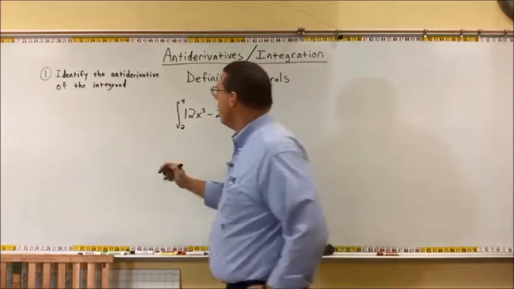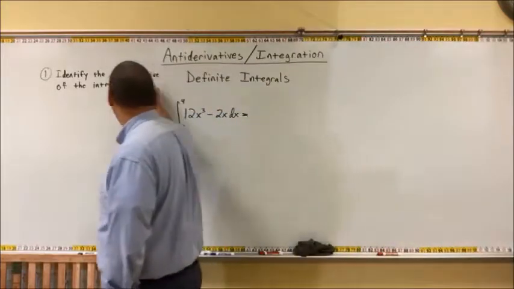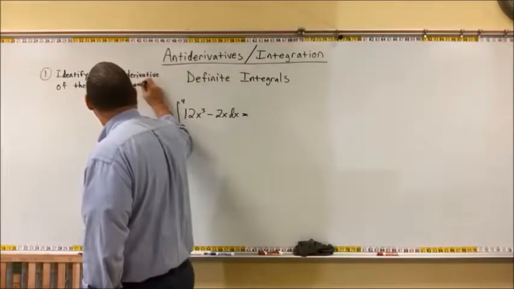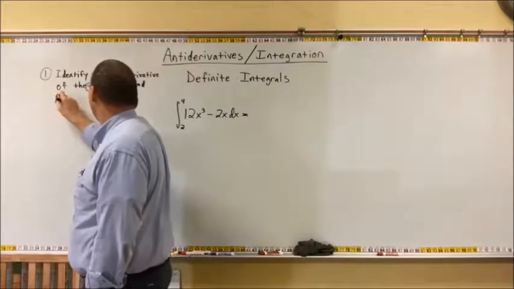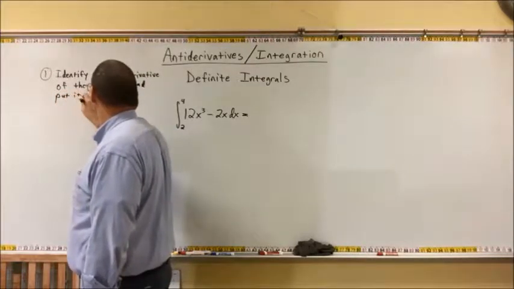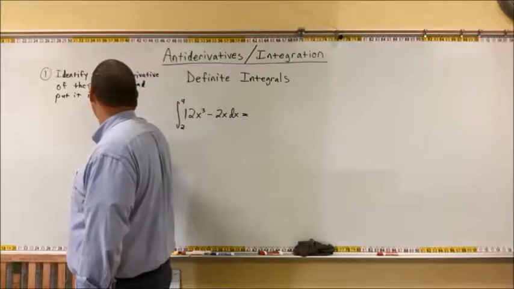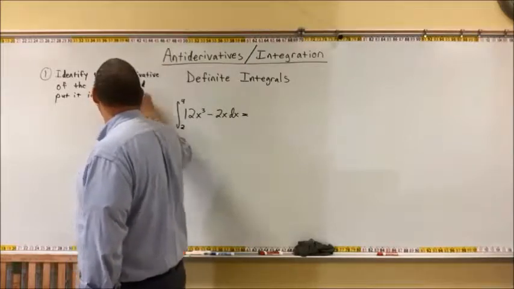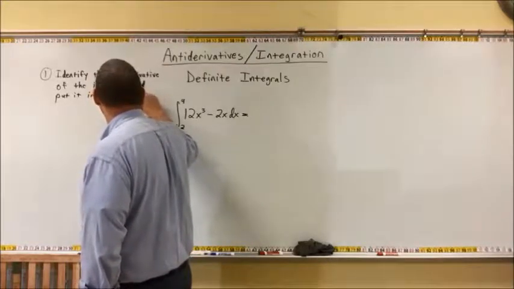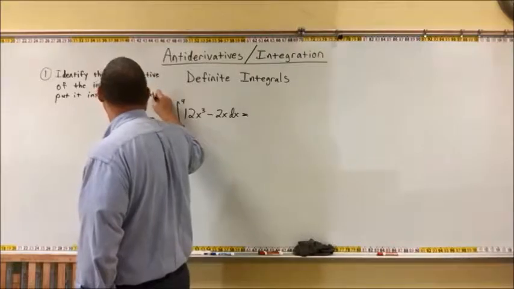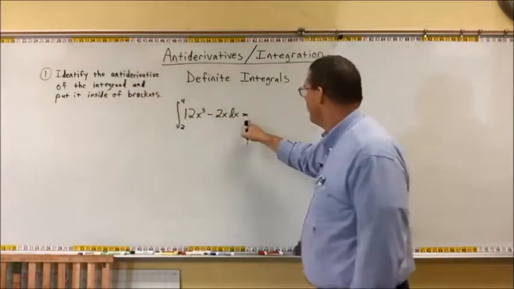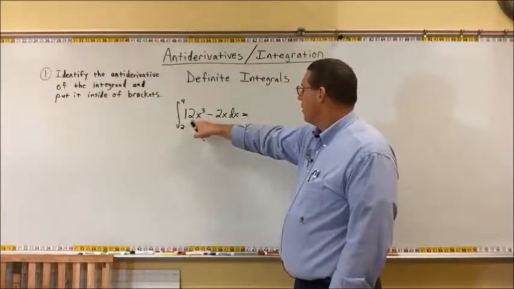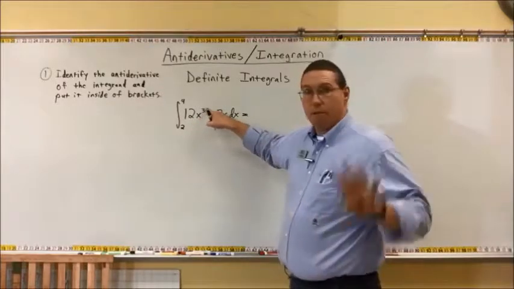So identify the antiderivative of the integrand and put it inside of brackets. So, over here, the antiderivative is going to be, we're going to power up. This is x to the fourth.